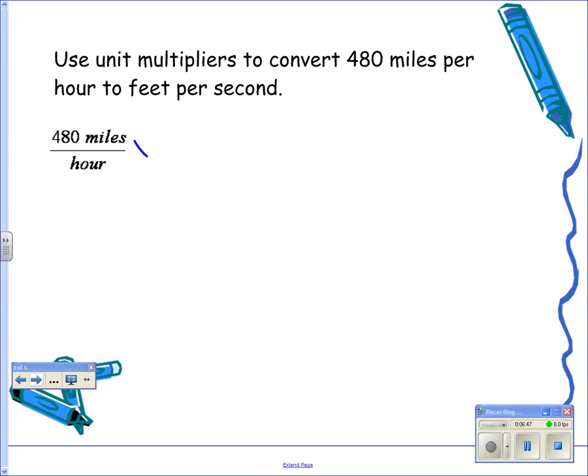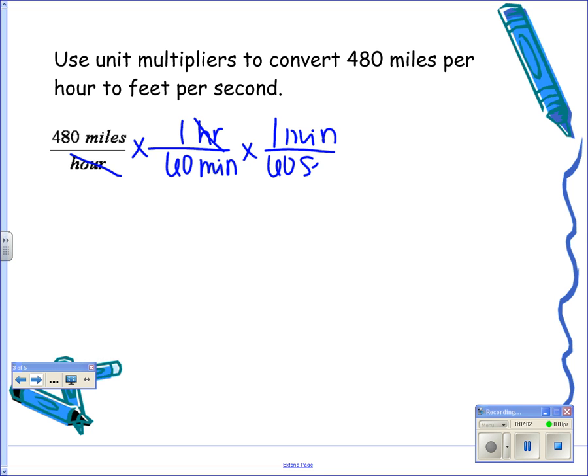Hours? Okay. What would I write? 1 hour is 60 minutes. And 1 minute is 60 seconds. Does that make sense? What else? 1 mile is 5,280 feet.